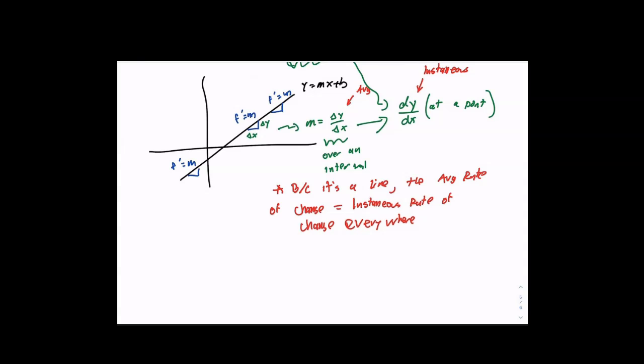So you've studied slope. How do you find a slope? Rise over run, delta y over delta x. In reality, because it's a line, what you've been finding in all of those problems was the derivative dy dx.